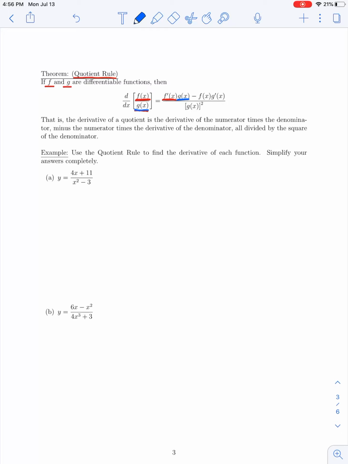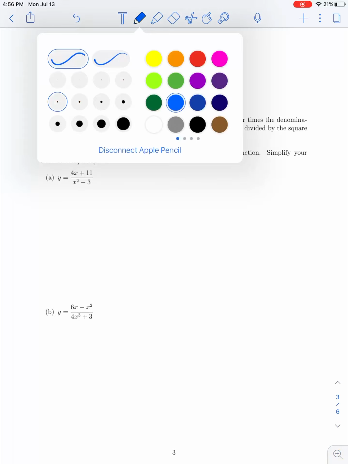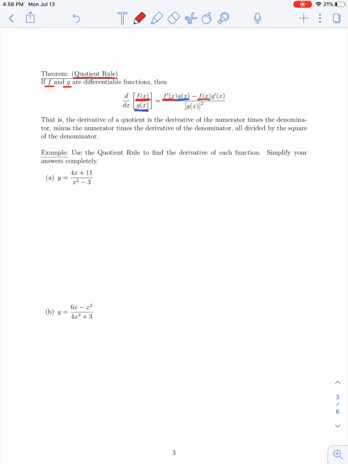Then we subtract the product of f of x, our numerator left alone, times g prime of x, the derivative of the denominator. And then that entire expression is divided by g of x, which is your denominator for the quotient, squared.